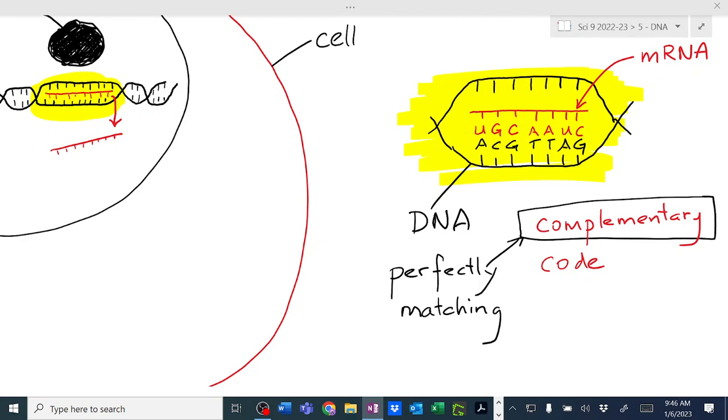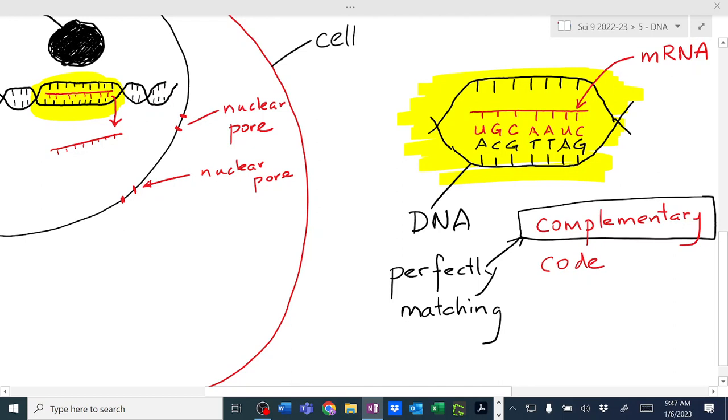Where's it going to go from there? It's going to go out of the nucleus, and it's going to go out through that is a nuclear pore. Okay, they're all over the place. I'm only going to draw two. So out goes the RNA.